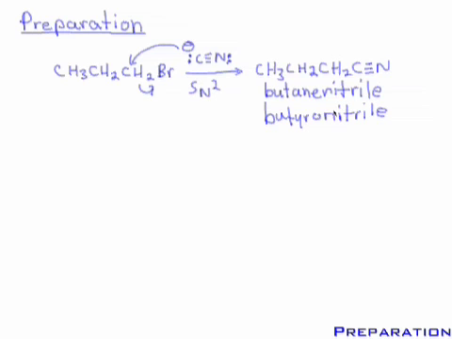Now, I said there was one other reaction we covered. Do you recall what that reaction is? If you came up with diazonium salt chemistry from last semester, you have a good memory.